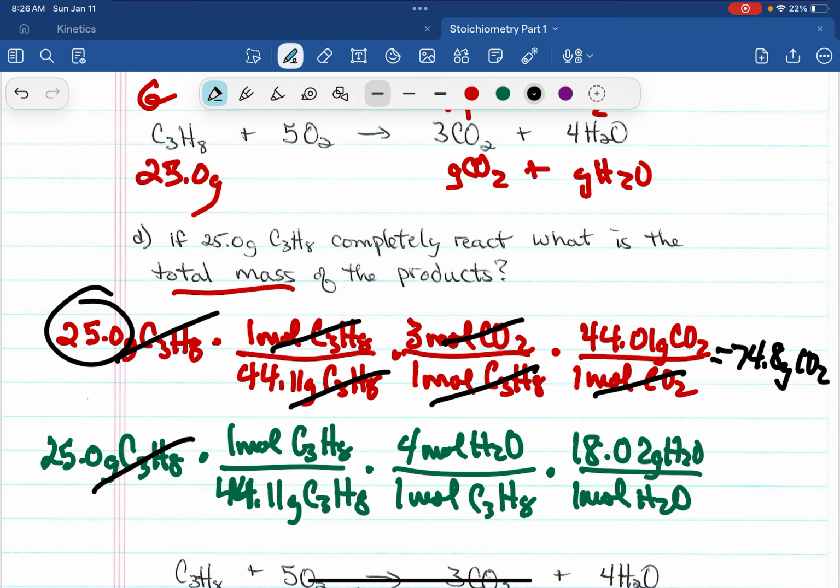Let's cancel. Cancel. Oh, look, 25 times 4, there's 100. Times 18 would be 1,800 divided by 44. 1,800 divided by 44, I can't do that in my head. I got 40.9.